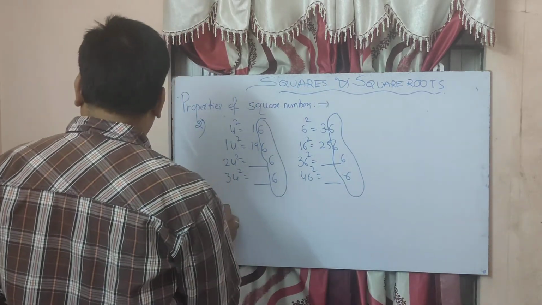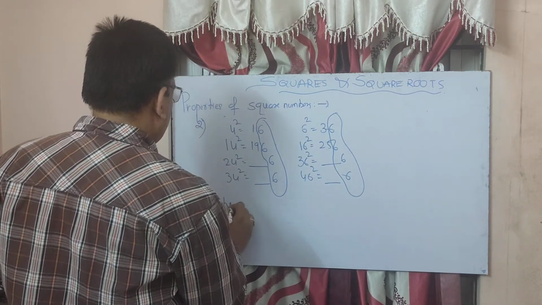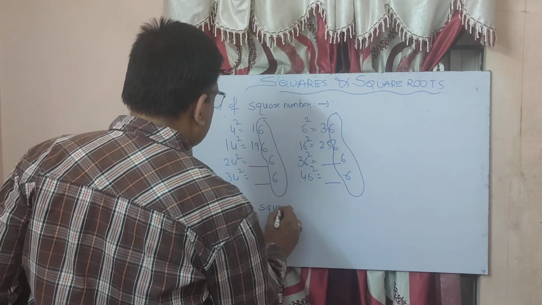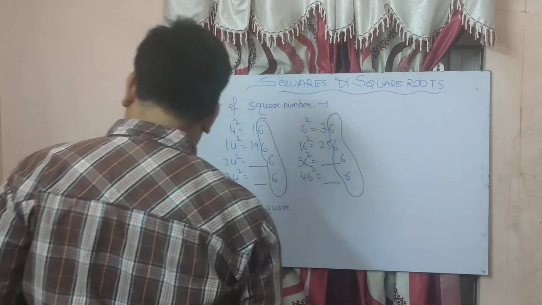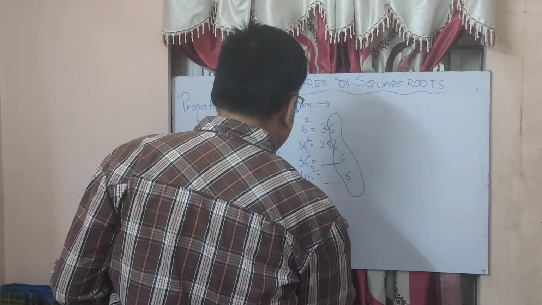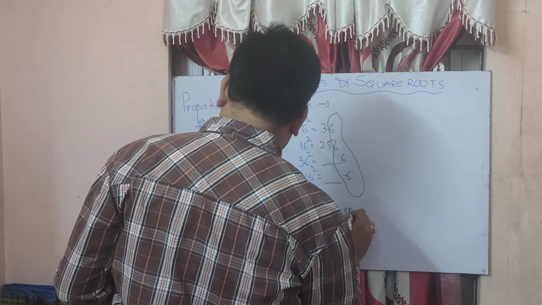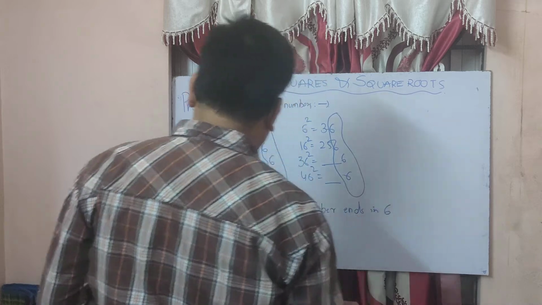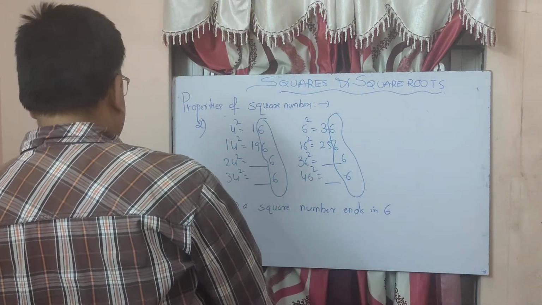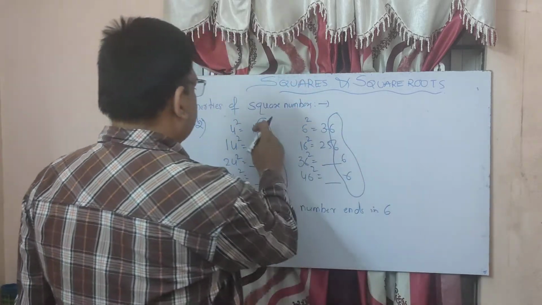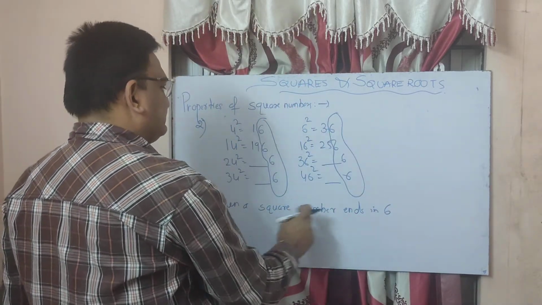When a square number ends in 6, these are square numbers ending in 6.